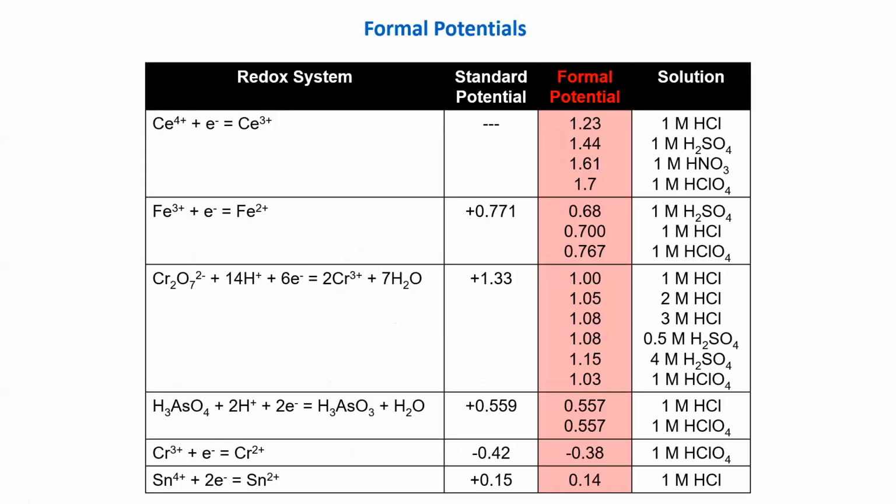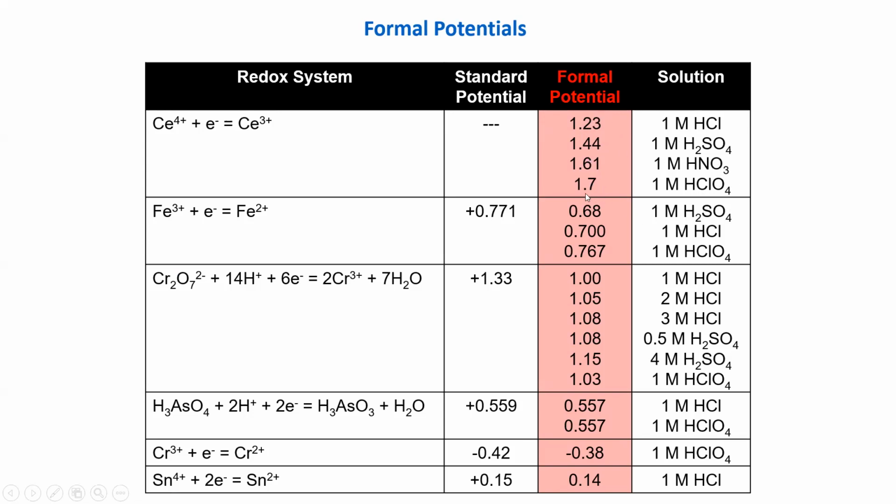Now when we talk about redox, we have the electrode potentials of many redox systems, and they depend on the solution where it is prepared. So this is ferric iron. In 1 molar HCl, the potential differs as the acid strength increases, and this is the strongest of them.